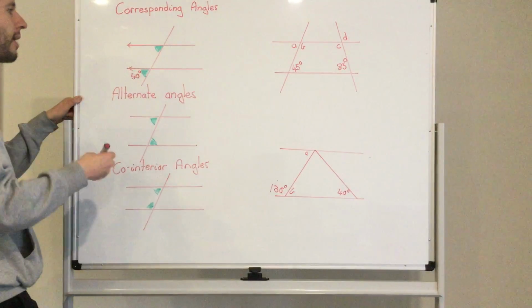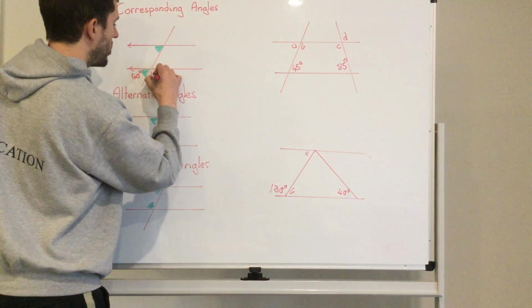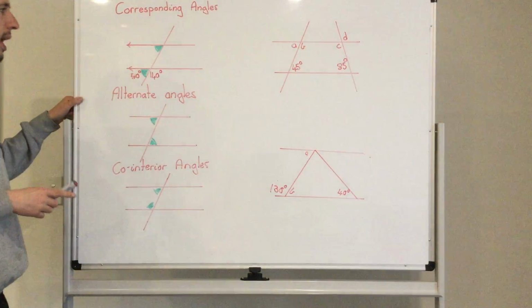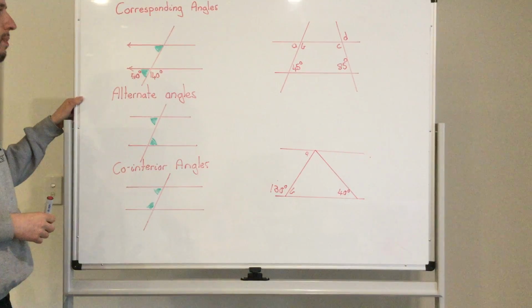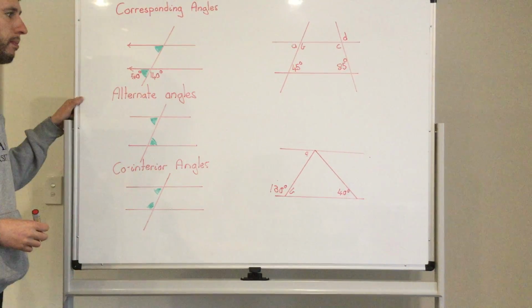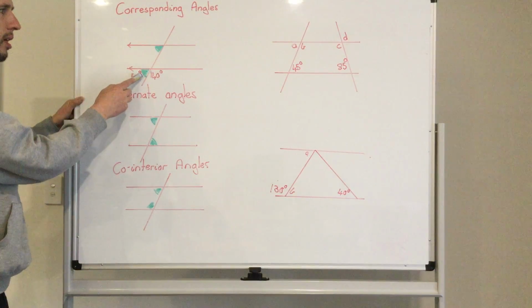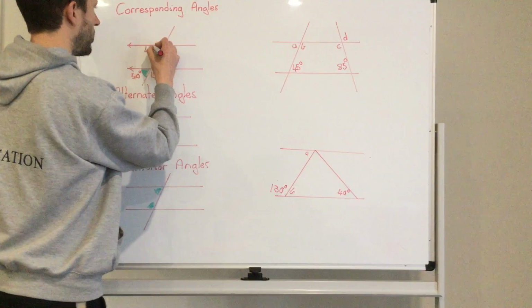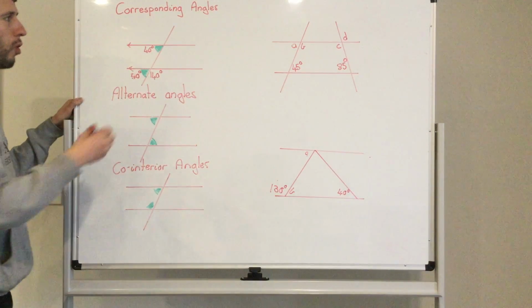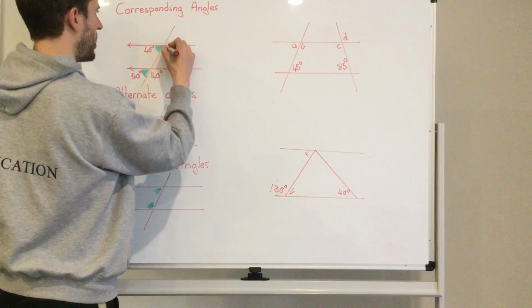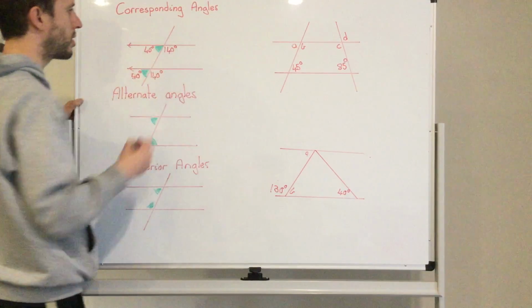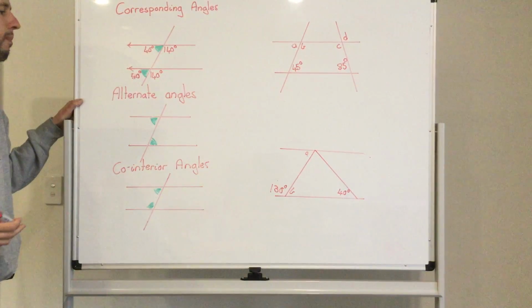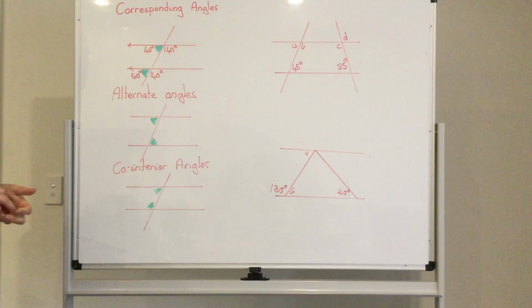So 180 take 40 equals 140 degrees. So I know that that side is going to be 140, this side is going to be 40. If this here is 40 degrees, then I know this here is 40 degrees, which also shows me that this side here is 140 degrees, because two angles must add up to 180.